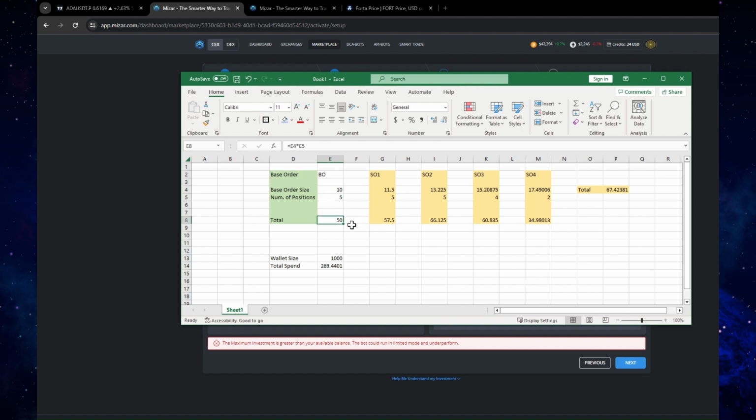This would give you the base order requirement, and have this approximately as 1/4 of your wallet. So your wallet size for base order 10 and 5 positions would be 50 multiplied by 4, which is 200. This is what I've been telling people on Discord. This is what I wrote in my article. And here you immediately see that this wallet size would not be enough.